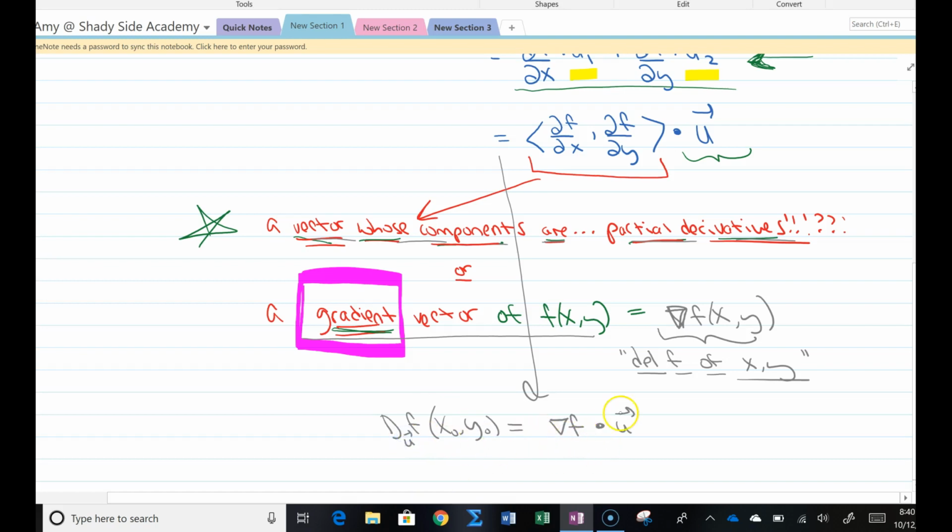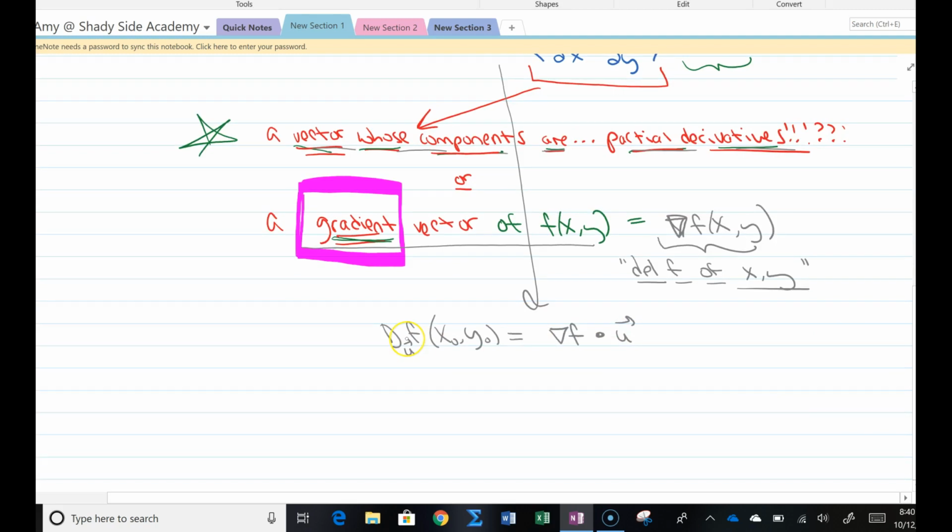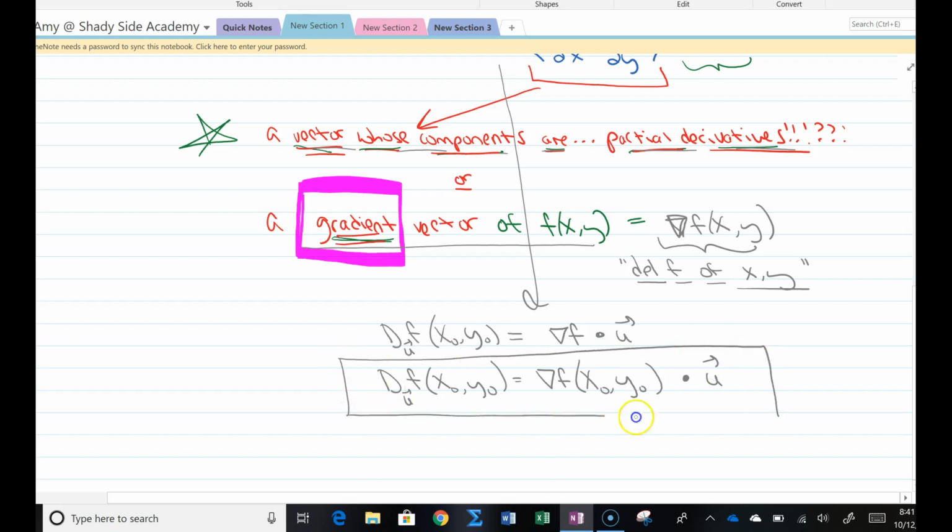If I were a little more precise with my notation, I would write the directional derivative of f at x naught, y naught in the direction of vector u is the gradient vector del f evaluated at x naught, y naught, dotted with the vector u. And here you have your final, most succinct and most user-friendly version of the directional derivative.